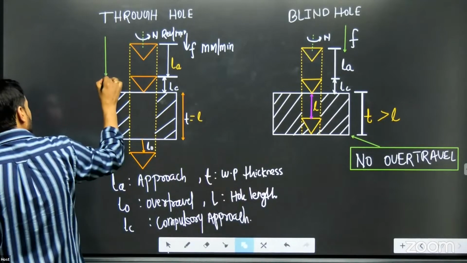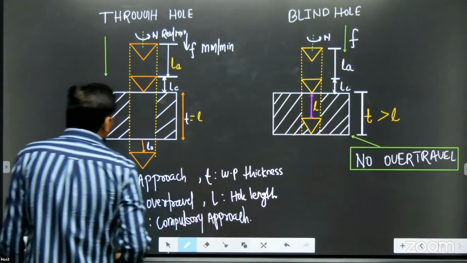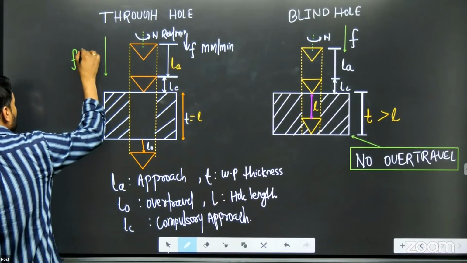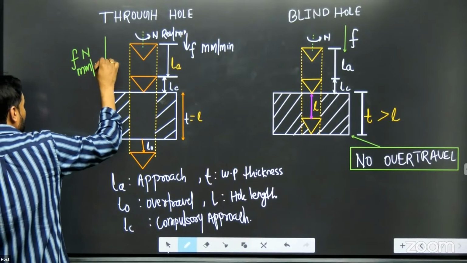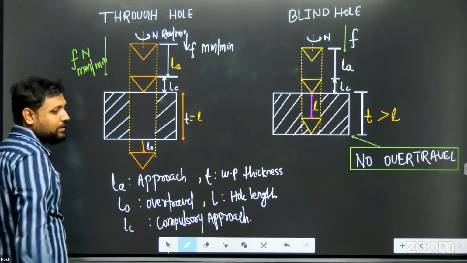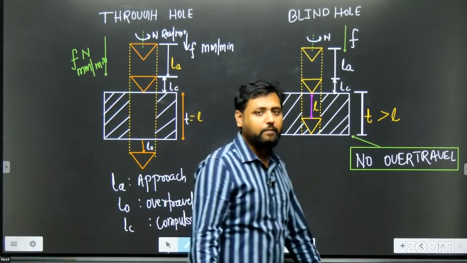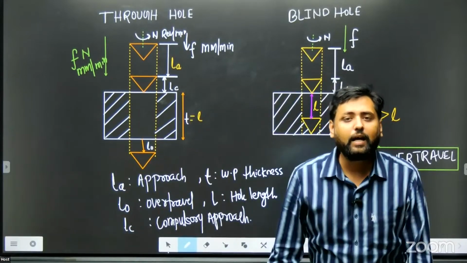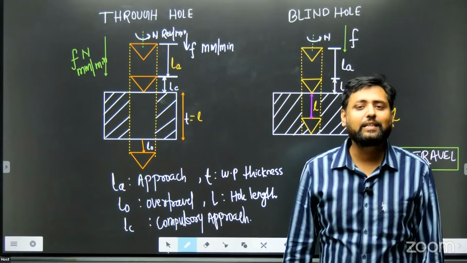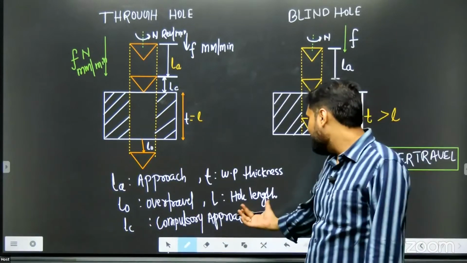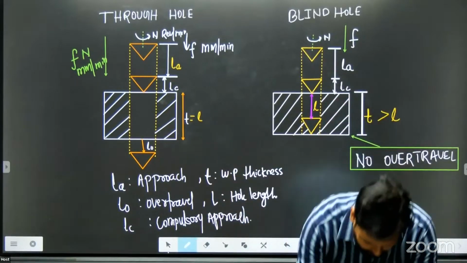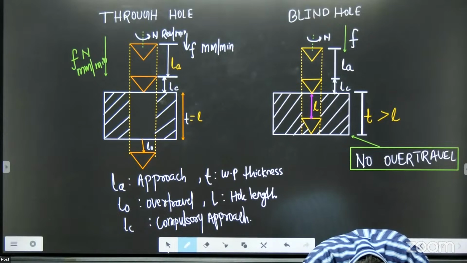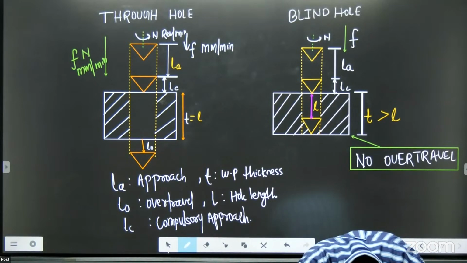That means the travel speed of the drill into the workpiece will be Fn millimeters per minute. So this drill is traveling in this direction at Fn millimeter per minute, and the whole length that you have to cut is L, which in case of through hole is equal to workpiece thickness.